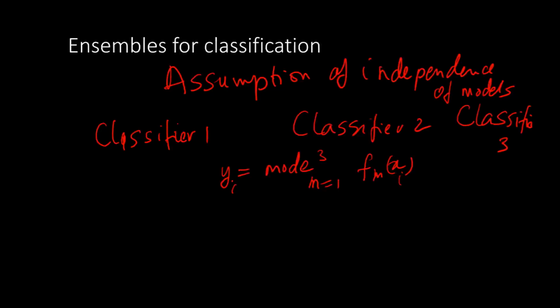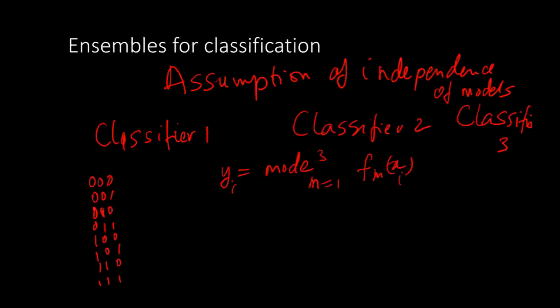Let's look at the 8 possible combinations for binary classification: 0 0 0, 0 0 1, 0 1 0, 0 1 1, 1 0 0, 1 0 1, 1 1 0, and 1 1 1.